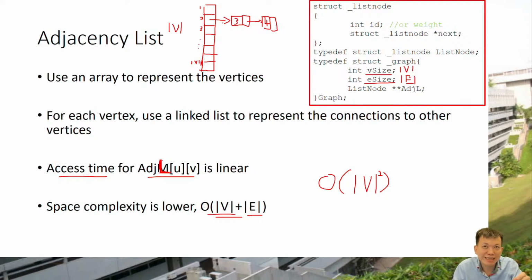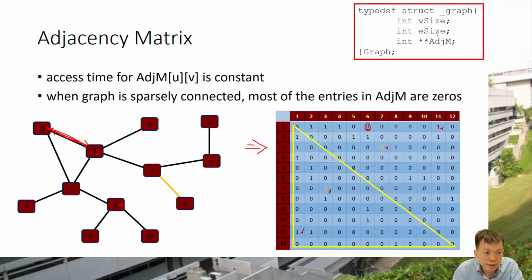Each linked list is a pointer, so that's why there's a double pointer. One of them is an array, then the other one is the pointer. So you can see this one and this one. This one is also the same thing. Here I noted this one should be E.